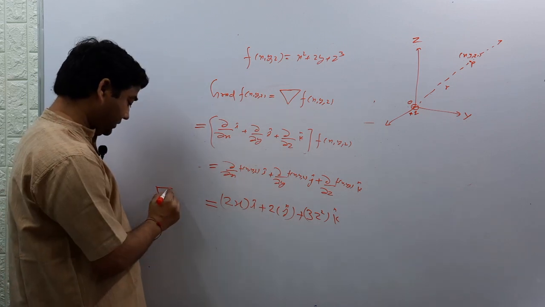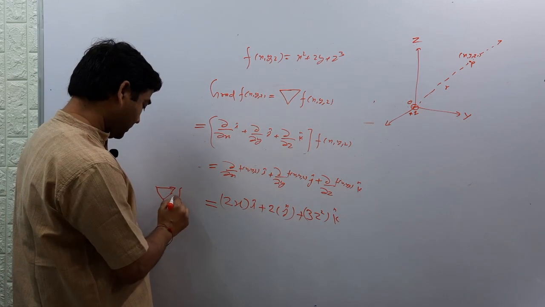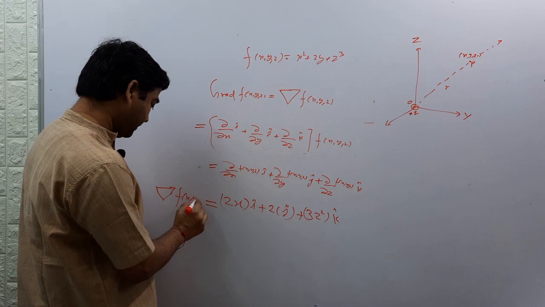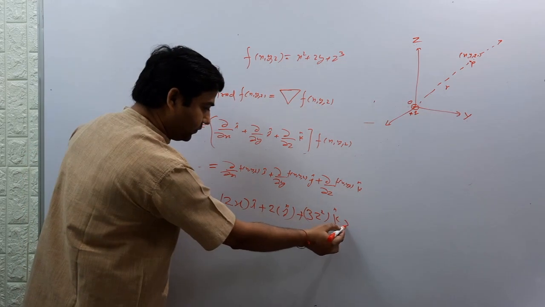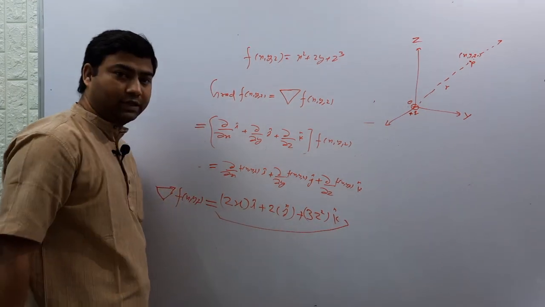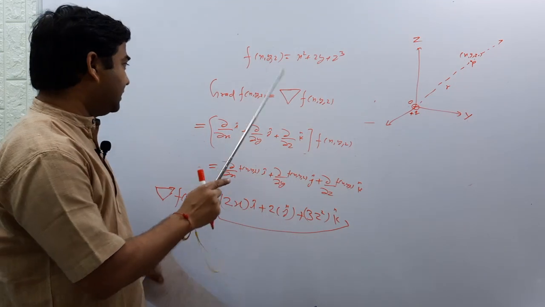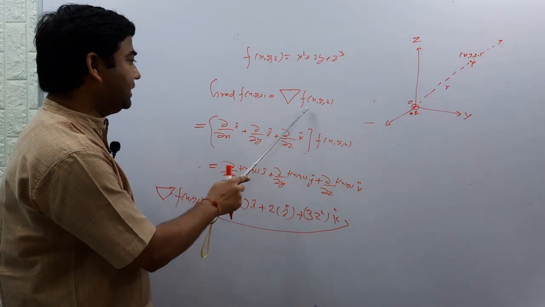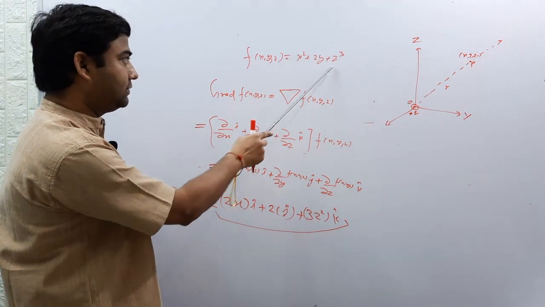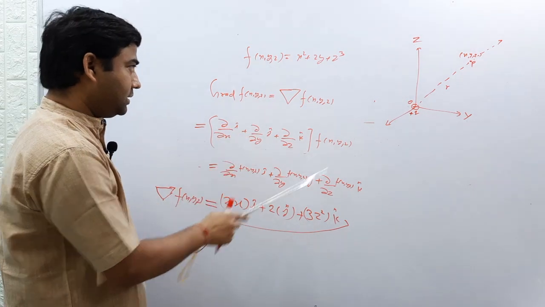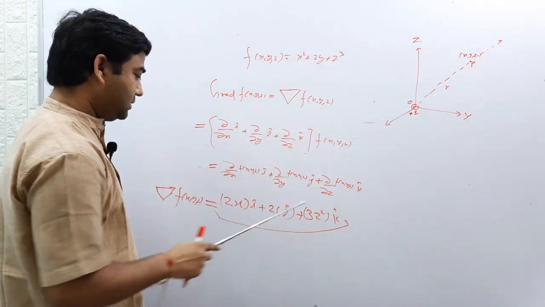This can be written as grad f x y z. So we have got a vector function, vector field. By finding gradient of a scalar function, that was a scalar function in three-dimensional space.